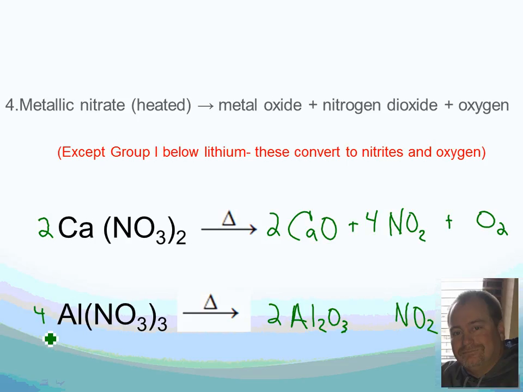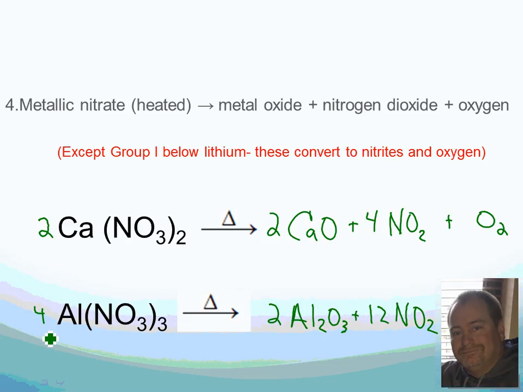I say 3 times 4 is 12, right? So how many nitrogen am I going to need? 12. That's a big number, but can I have big numbers there? Three times 1 is 3 times 4 is 12. Okay?